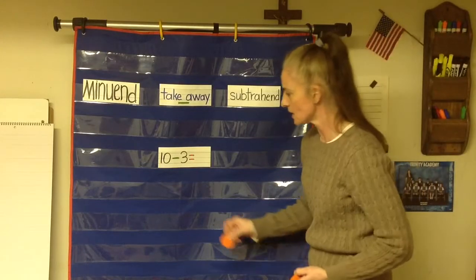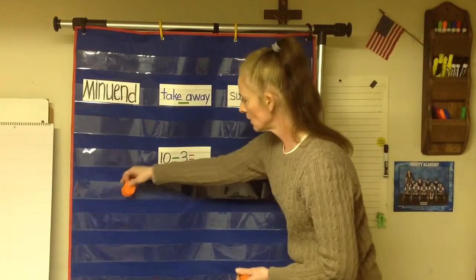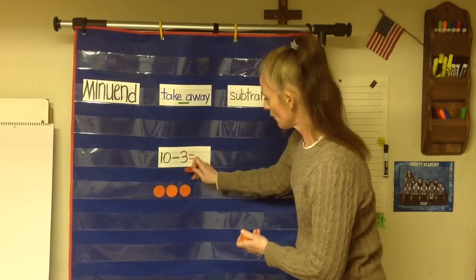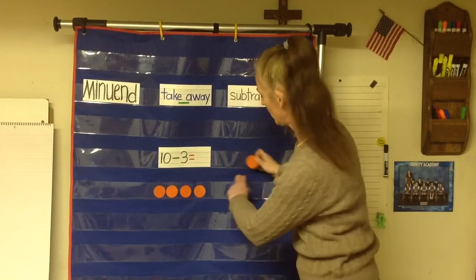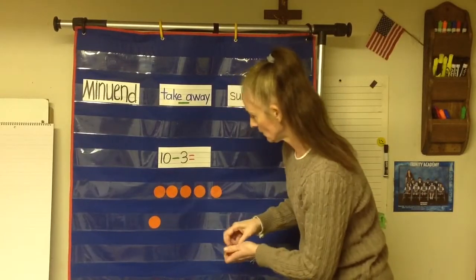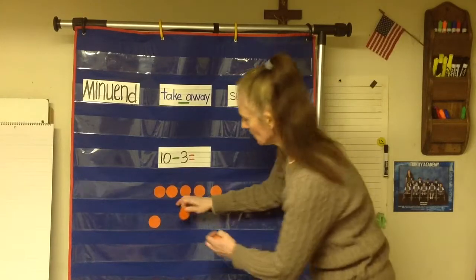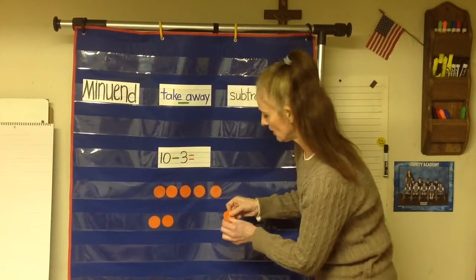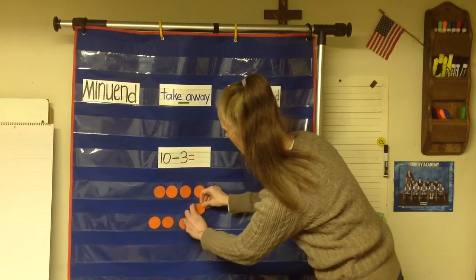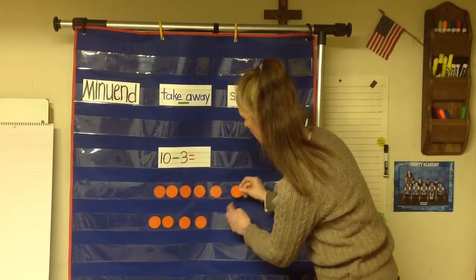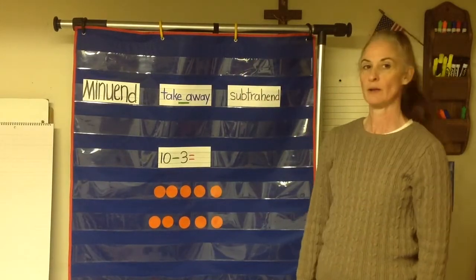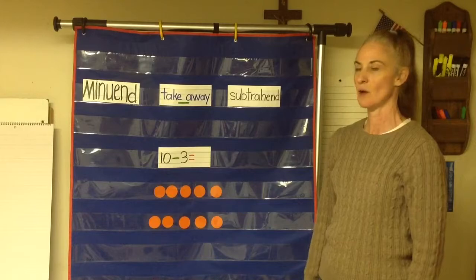Our minuend is 10. 1, 2, 3, 4, 5, 6, 7, 8, 9, 10. I made it 10 frame style, right? 5 and 5, 10. Okay, so we're starting with a big set of 10.